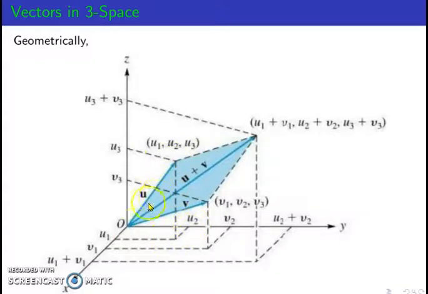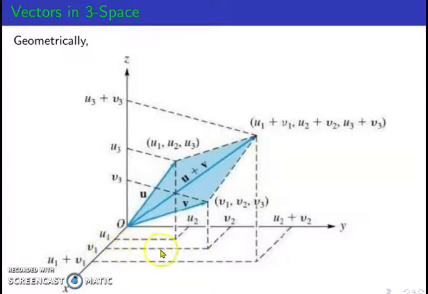Ang kanyang components ay U1, U2, at saka U3. For vector V, ito yung vector V. So, trace natin. The components are V1, V2, and V3. From the origin up to V1, then we will move V2 along the y-axis, and we will move up V3.